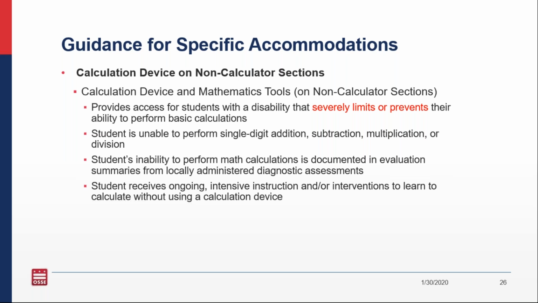And similar to the read aloud, documentation should be uploaded to show that there have been attempts to teach the student how to perform those calculations, but the student is unable to do so.